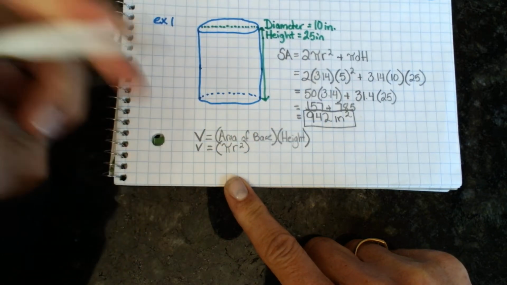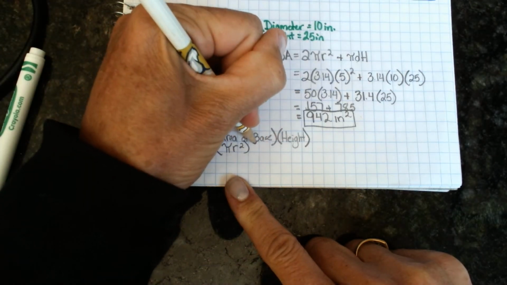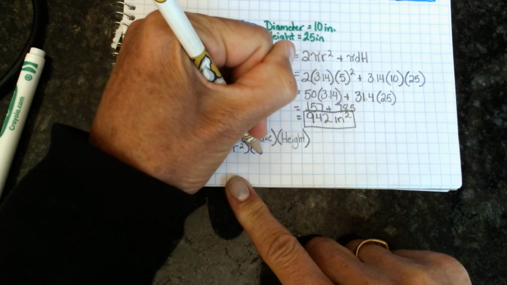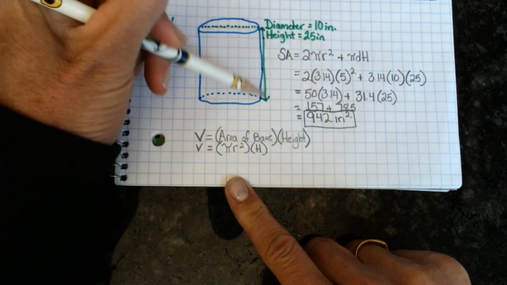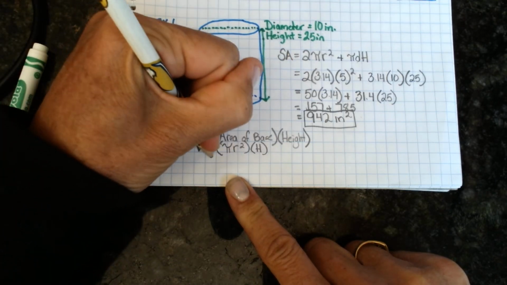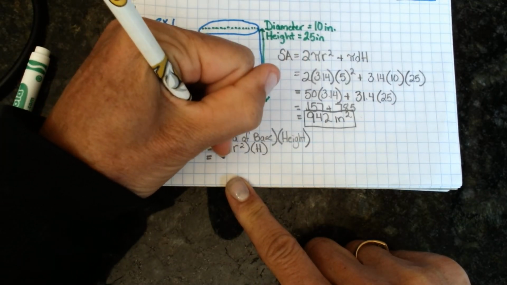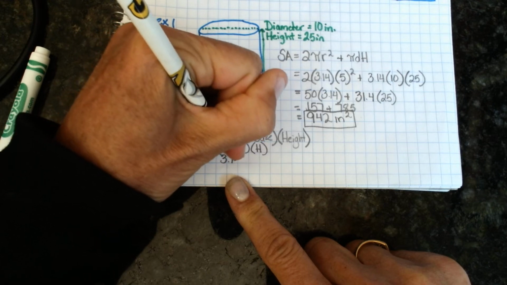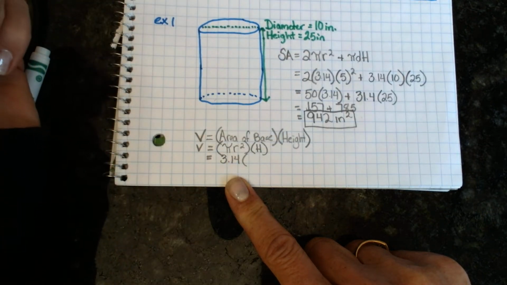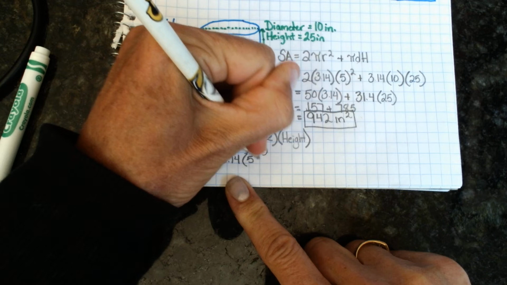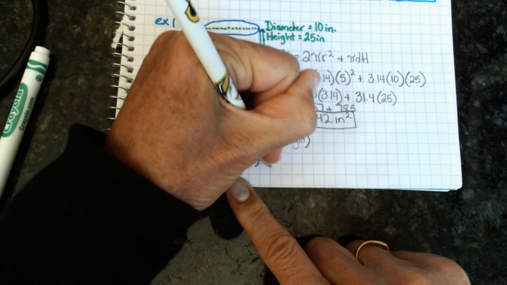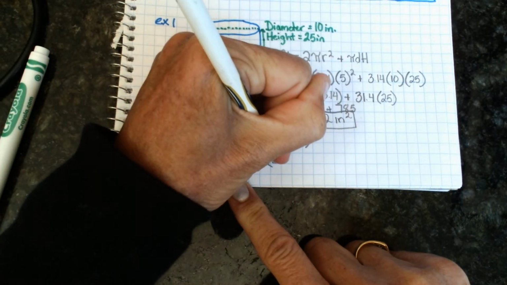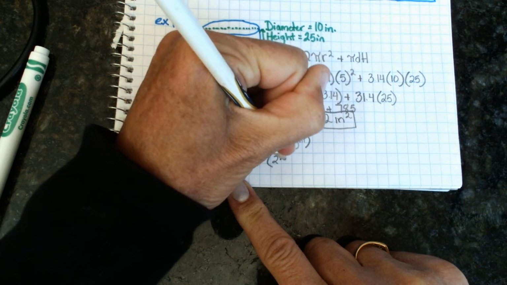That gives us the area of the circle at the bottom. And then we multiply that by the height of the cylinder itself, how tall it is. Okay, let's plug in our numbers. Pi is 3.14 times the radius, which is 5 squared, times our height, which is 25.